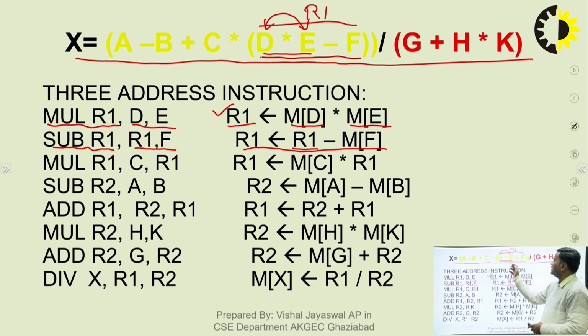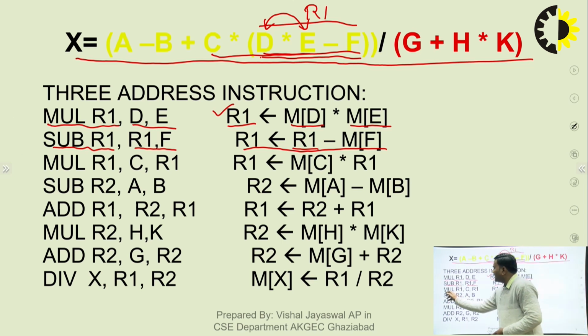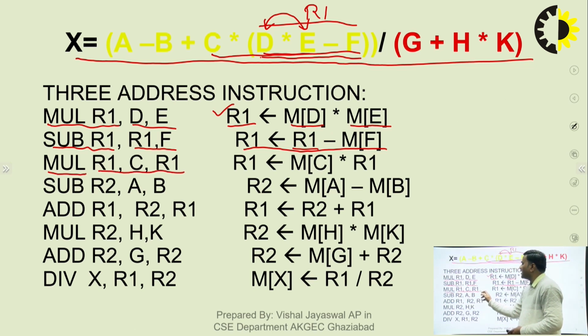After solving the portion D into E minus F, we are going to solve the next part. For this, we have to multiply D into E minus F with C. For this, we use the multiply instruction MUL R1 comma C comma R1.